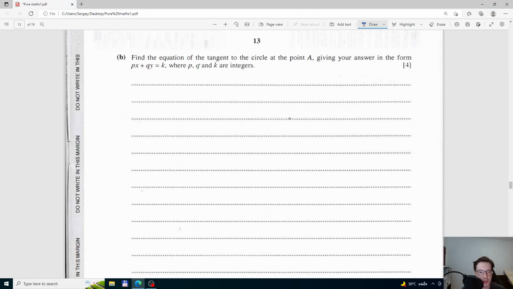Now let's draw a quick sketch. So it's a circle, and the center is minus 2, minus 3. Somewhere here is point A, which is 1, 1. And the tangent line looks like that.